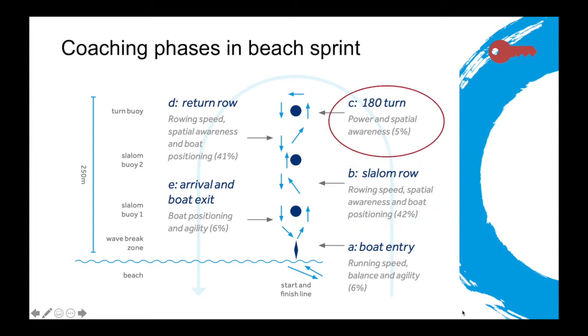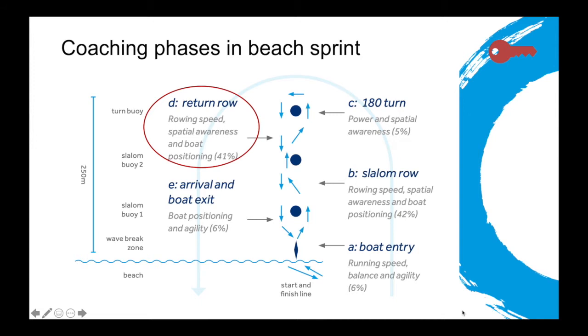The third phase is the power turn. It's where the rower is turning the boat through 180 degrees. And here they're looking primarily at power and spatial awareness, especially as they come out of that turn into the fourth phase of the row. This is the return row, and it's rowing speed.